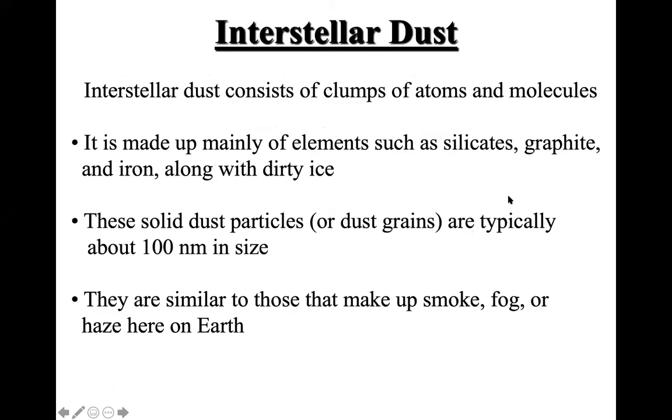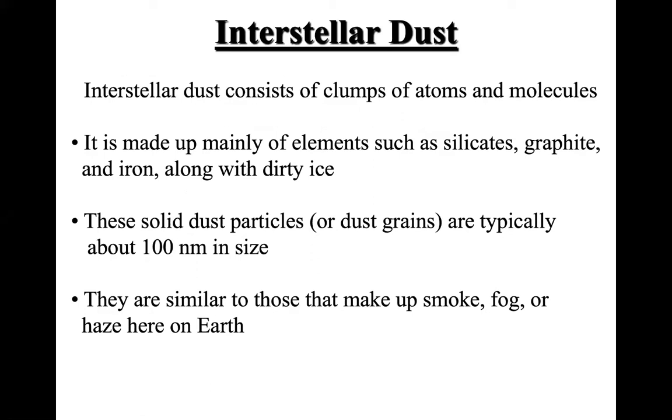For the interstellar dust, it normally consists of clumps of atoms and molecules again. They are made up of mainly elements such as silicate, graphite, iron, and also dirty ice. So that's how the interstellar dust is made.